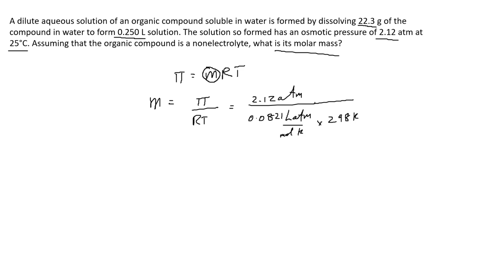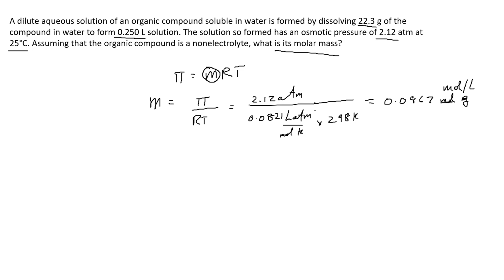So let me work this out. 2.12 divided by 0.0821 divided by 298. According to my calculations, this turns out to be 0.0867, rounded off to 3 sig figs, and the units here would be moles per liter.